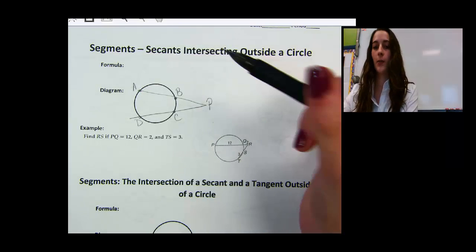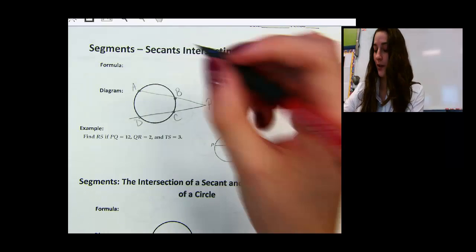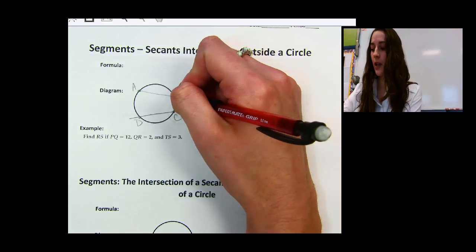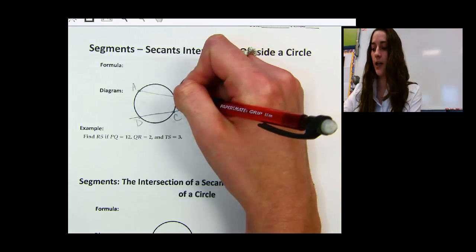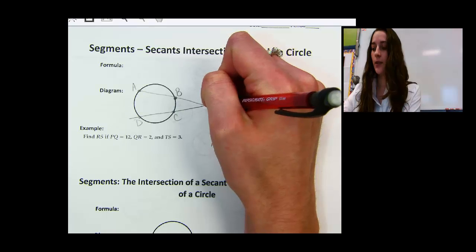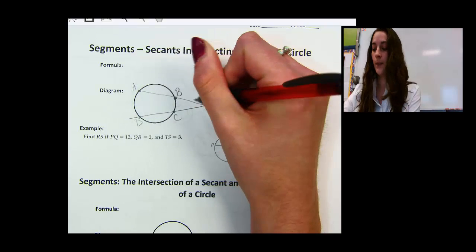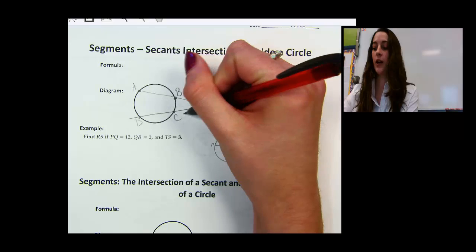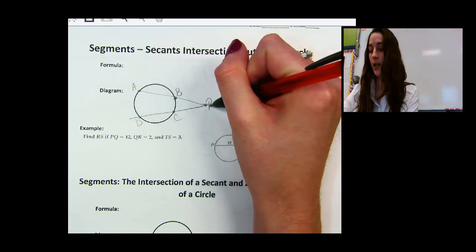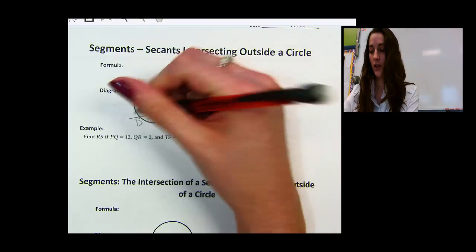So this formula is a little bit tricky. It's actually going to be the length of the outside segment times the length of the whole segment is equal to the length of the outside segment for this piece times the length of the whole segment.